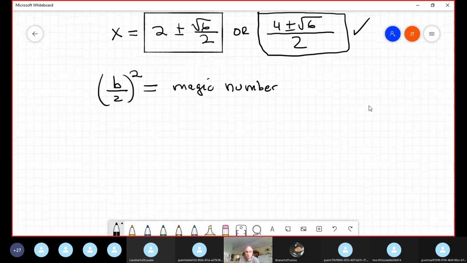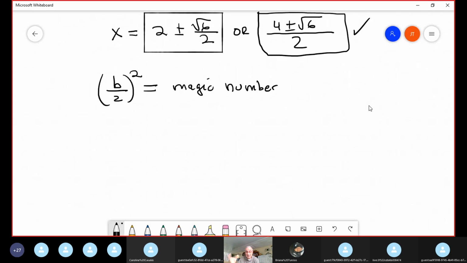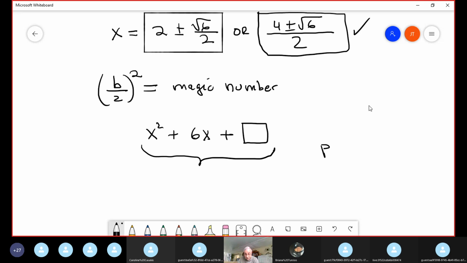More or less. You understand 100% or 0%? More or less does not exist. Okay, suppose x squared plus 6x plus something. I need this entire trinomial to be a perfect square trinomial.